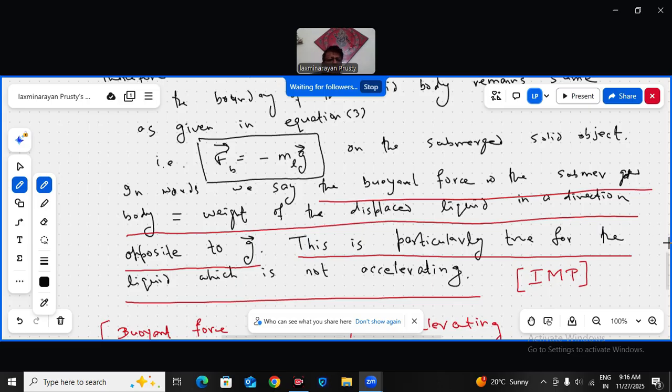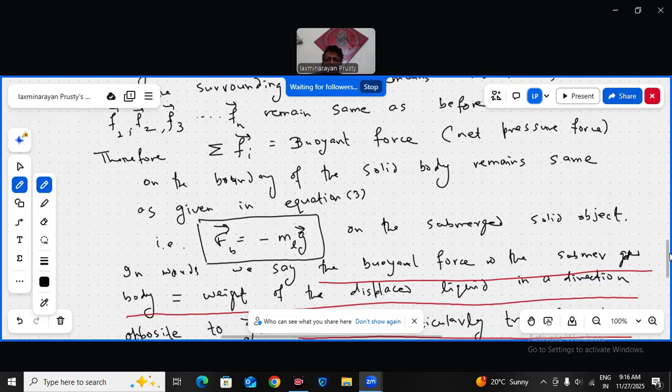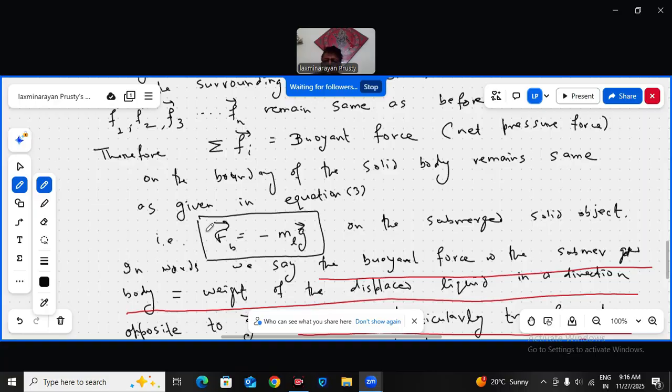So the net pressure force on the boundary of the solid body remains the same as given in equation 3. That is on the submerged solid object. This is the buoyant force.